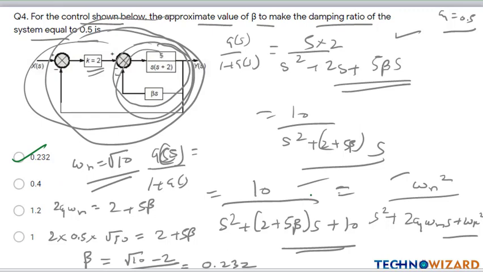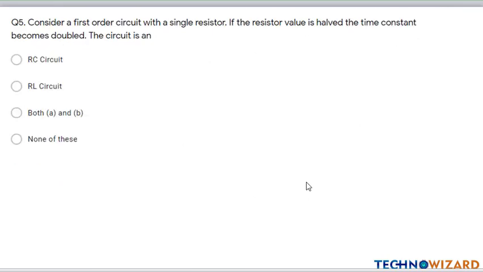Now next question. Question number 5. Consider a first order circuit with a single resistor. If the resistor value is halved, the time constant becomes doubled. Simply, we know that time constant is given by L by R, or if it is an RC circuit, then time constant is equal to RC.